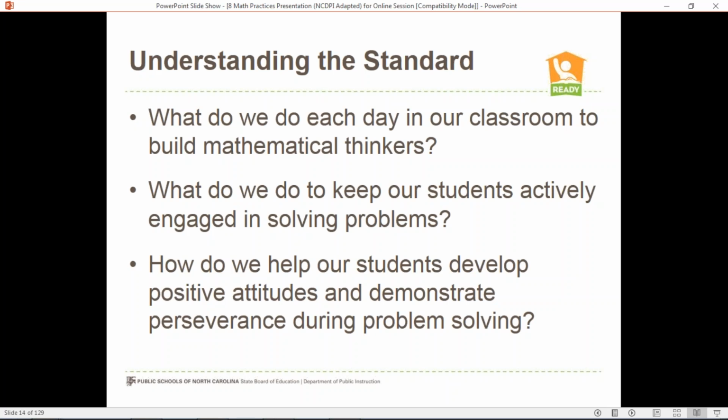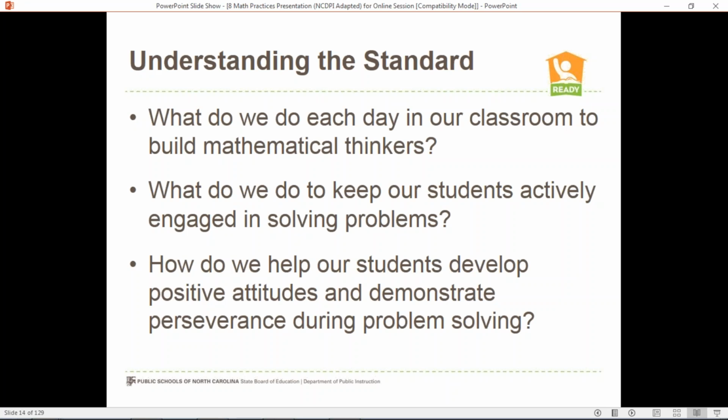But when it comes to math, if we're just thinking about it in terms of numbers, it gets tricky. It gets hard when you're looking at 174 times 13 to really think about, well, let me help you persevere and problem solve. It's easy to fall into the trap of, let me just show you how to do it. Let's just do it this way.